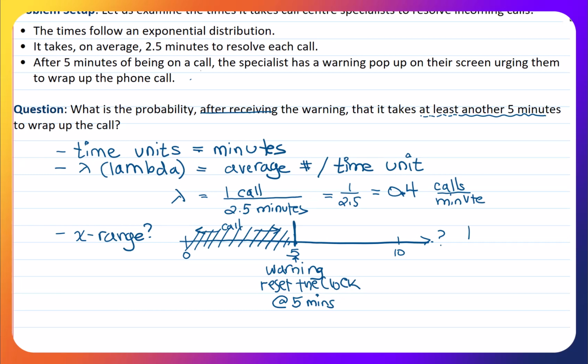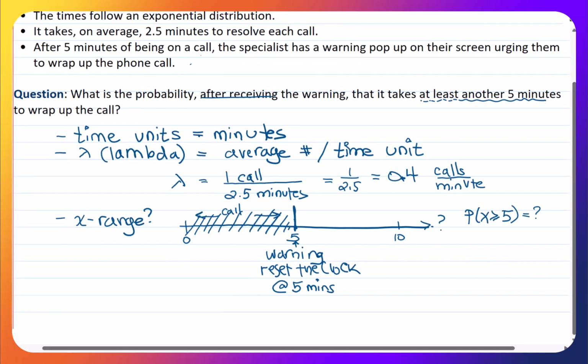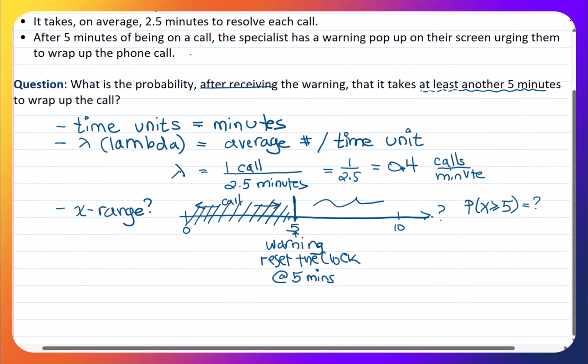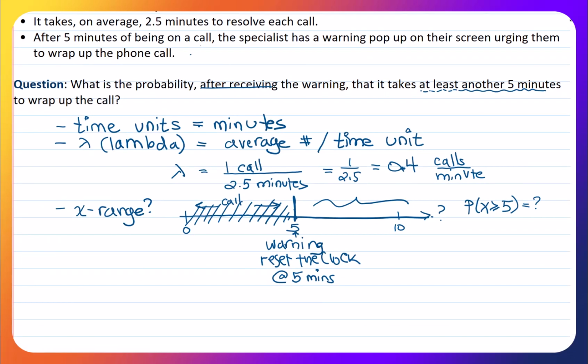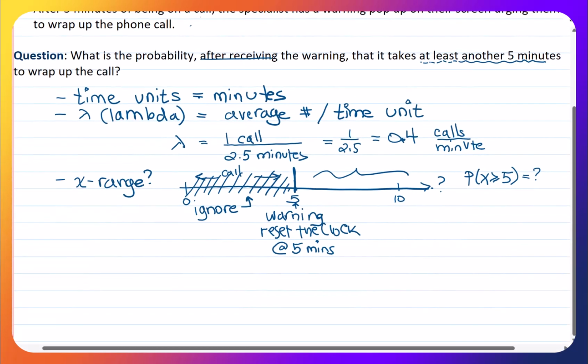So really, we want the probability for this next time after this warning. What are the odds that this part of the call lasts at least another 5 minutes? And so we ignore the first 5 minutes. Again, this memoryless part means that we just ignore the fact that 5 minutes has already passed. It does not affect our probability. So really, we want the probability that x is greater than or equal to 5.